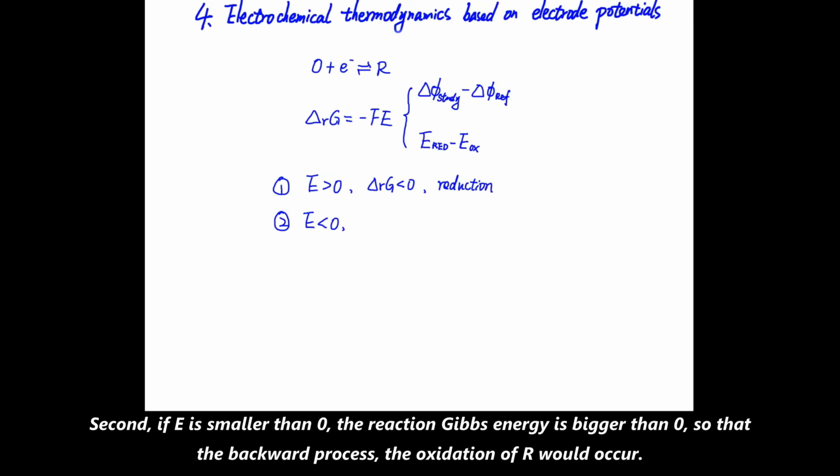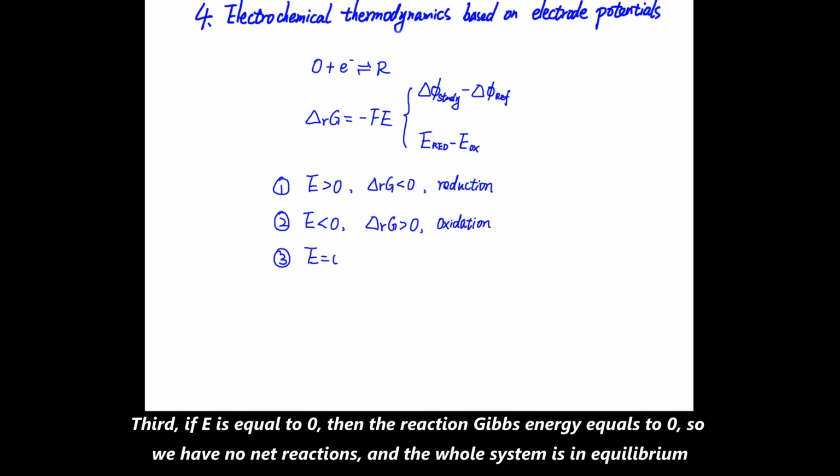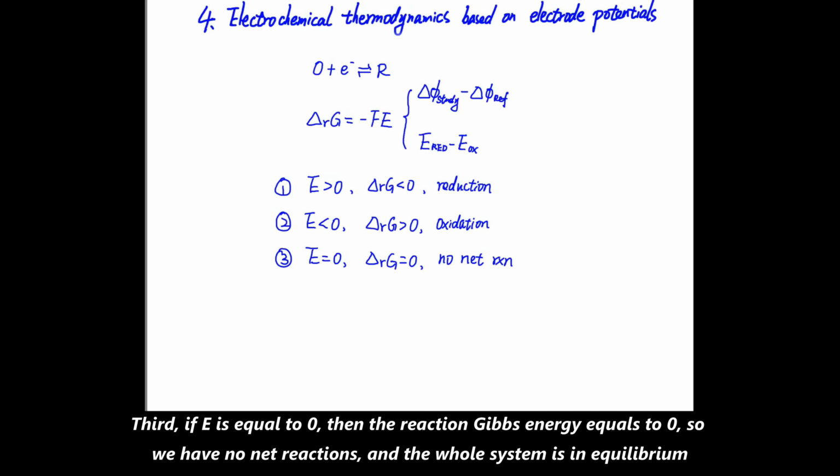Second, if E is smaller than 0, the reaction Gibbs energy is bigger than 0, so the backward process of the oxidation of R would occur. And third, if E is equal to 0, then the reaction Gibbs energy is equal to 0, so we have no net reaction and the whole system is in equilibrium.